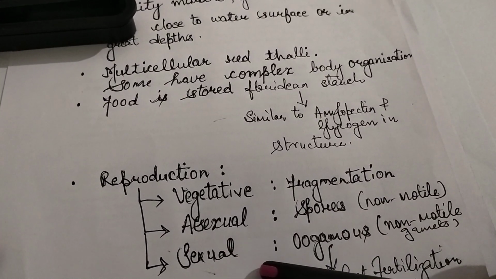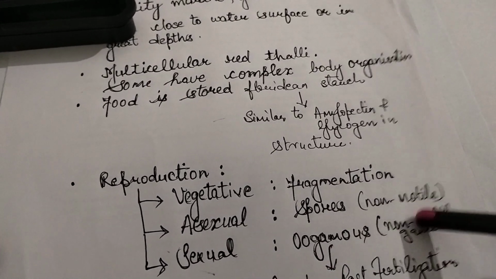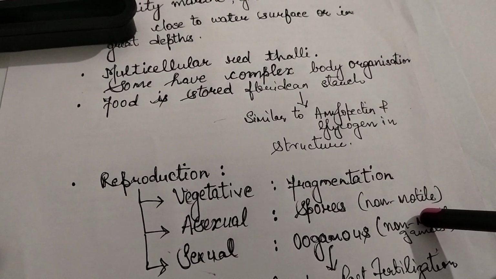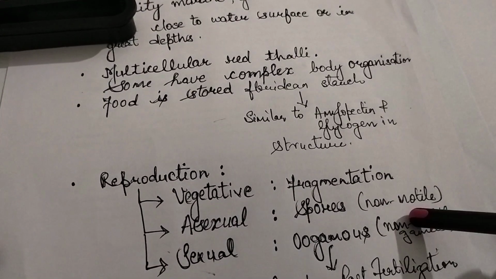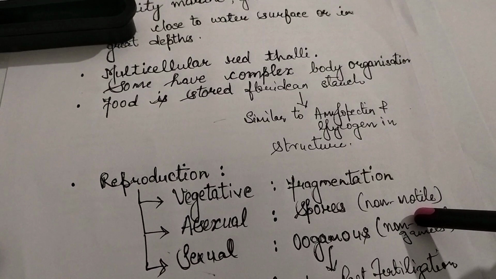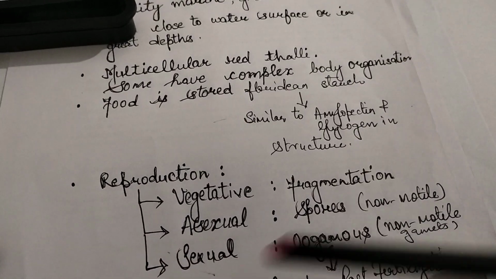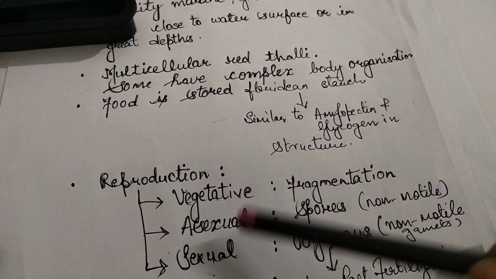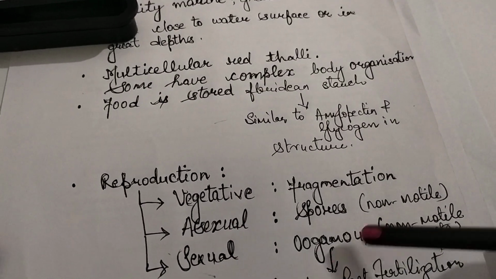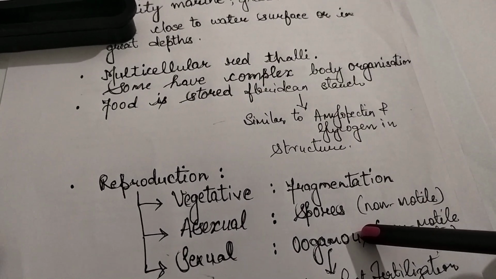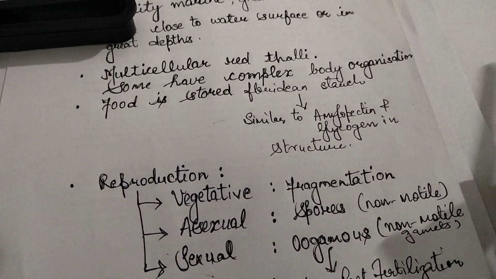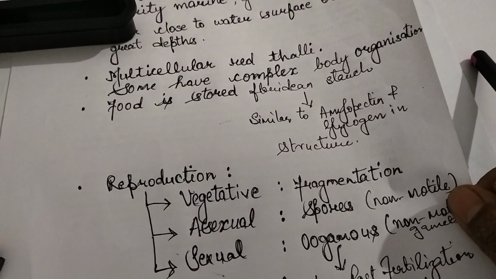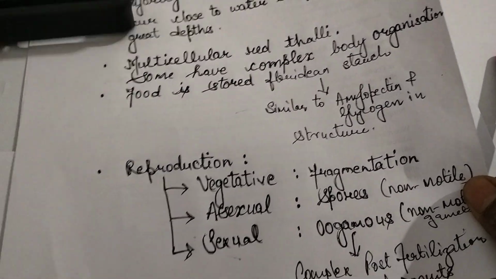Now asexual reproduction. They reproduce asexually by non-motile spores. Here, first time in algae we have non-motile spores. Just now we studied motile, flagellated spores. But in Rhodophyceae, the asexual spores are non-motile. And sexual reproduction is oogamous.